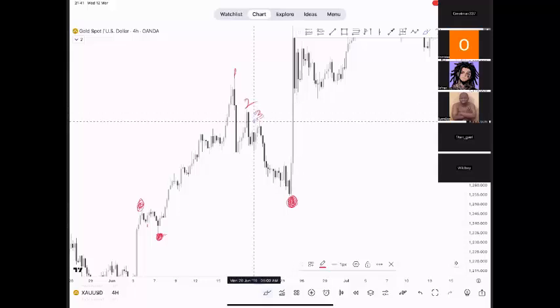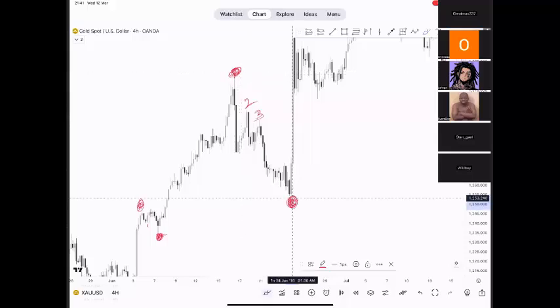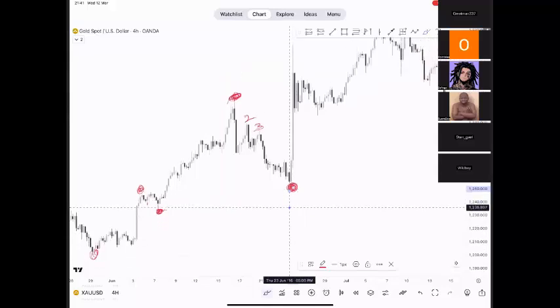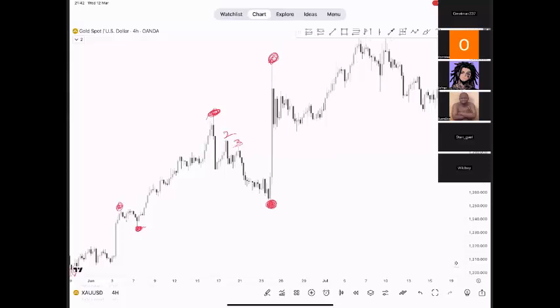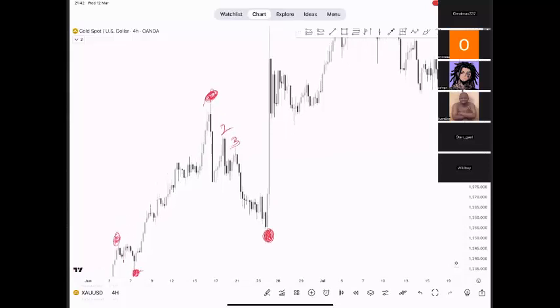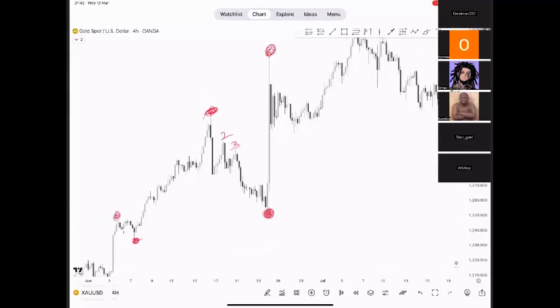This was the highest point that price got to before creating this higher low, right? So this is your higher high, this is your higher low. And this was the highest point that price got to again before creating a new low. So this becomes your next higher high. Here you've seen a higher low, a higher high, a higher low, and a higher high, right?